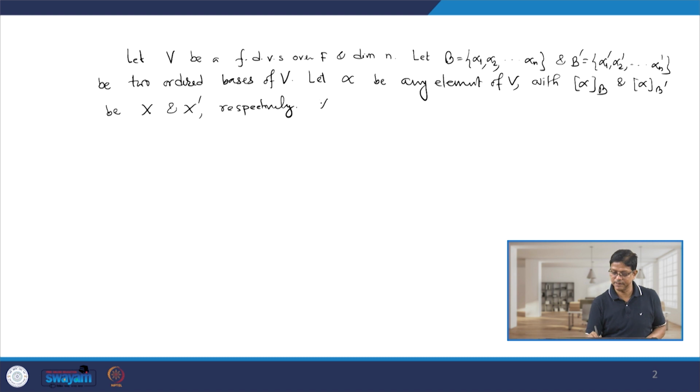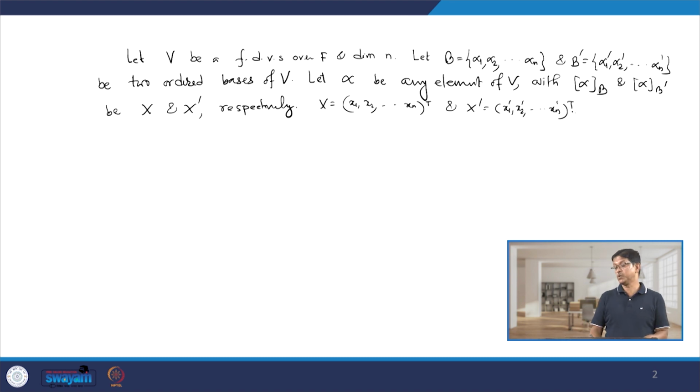Here capital X equals x1, x2, xn transpose, and capital X prime equals x1 prime, x2 prime, xn prime transpose.